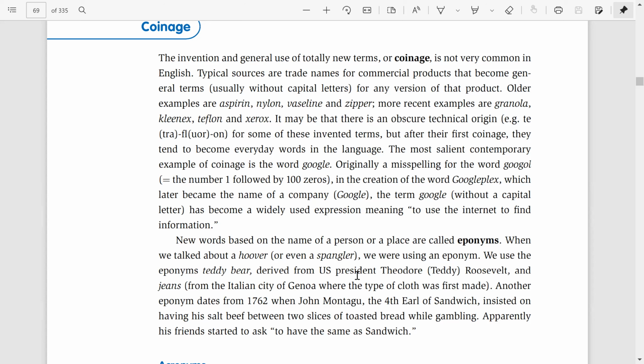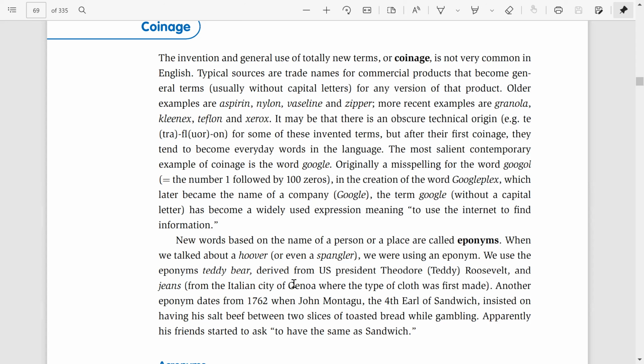All right. And another example is teddy bear. Teddy bear is a coinage and an eponym because this name is based on the name of a person, that is U.S. President Theodore Teddy Roosevelt. And jeans is also an eponym because it is named after the Italian city of Genoa, where the type of cloth was first made.